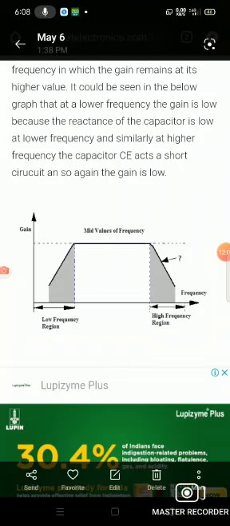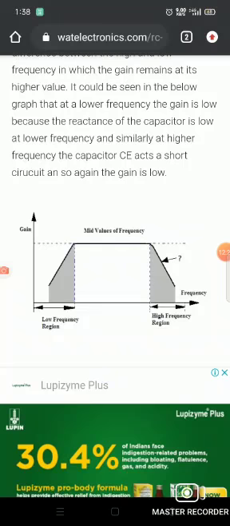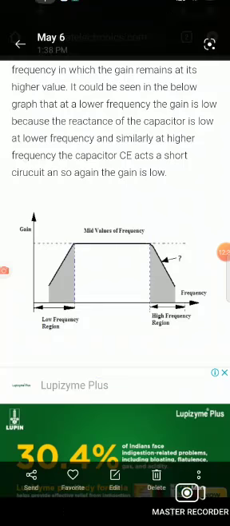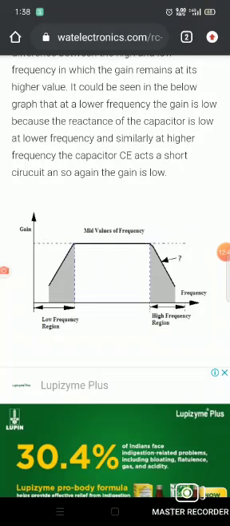For the transformer coupled single stage CE amplifier, you get a response like this, but the output response gain of that coupling method amplifier circuit is somewhat higher than this coupled response, because the transformer doesn't perform reduction operations between the input and output terminals.